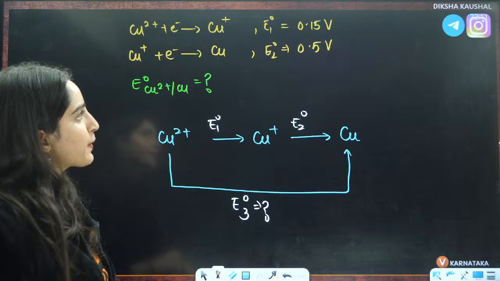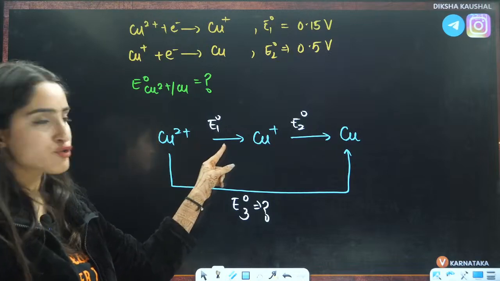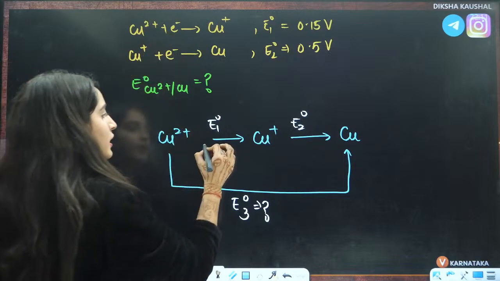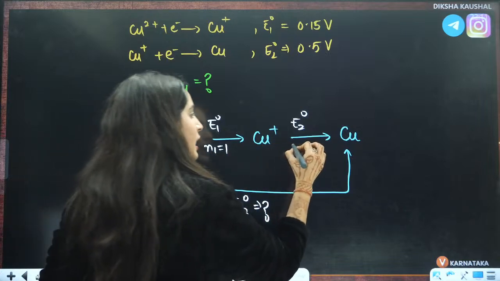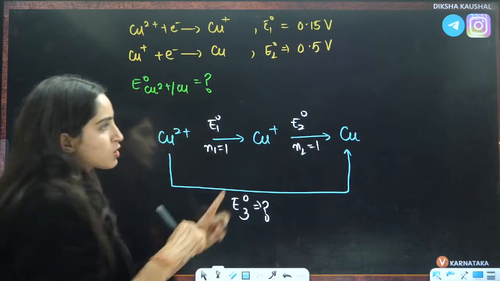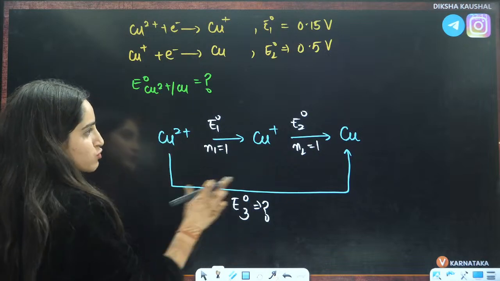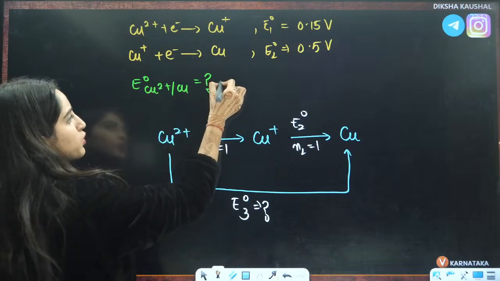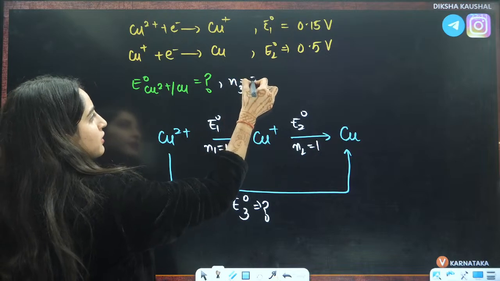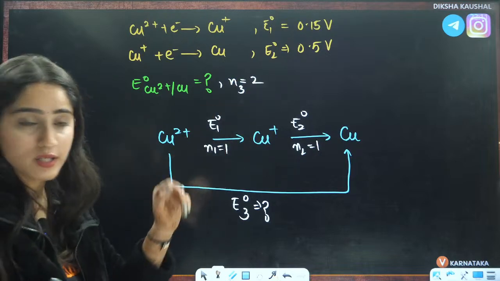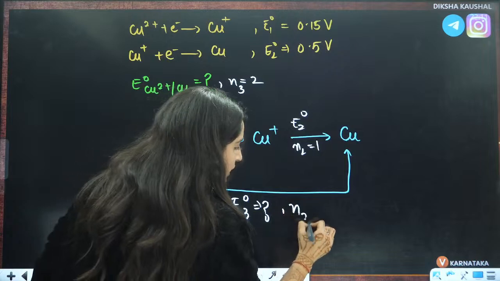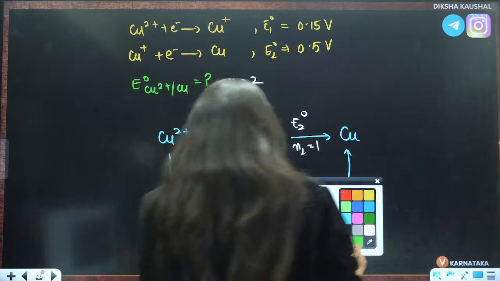Here the number of electrons gained N1 is 1, N2 is 1, and from Cu2+ to Cu, N3 is equal to 2, because 2 electrons it is gaining.